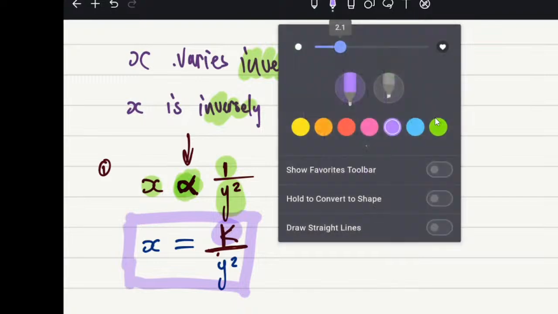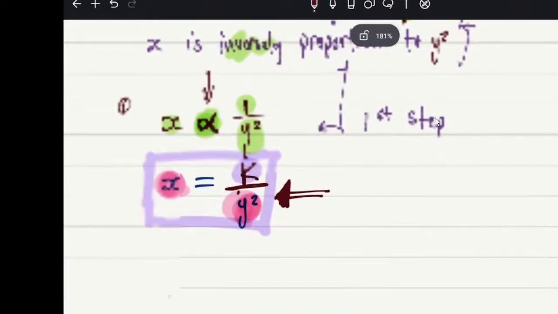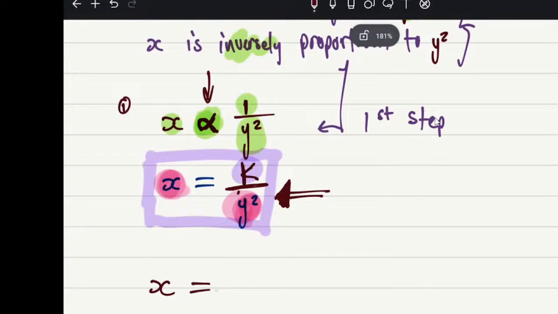They are going to give me a value of X, a value of Y, and you are going to feed these values into this equation so that you find K. Once you have K, you will rewrite this, but K should no longer be there. Let's say you find your K to be 5. We now expect to see you say X will be equal to 5 over Y. This is now what we want to see.